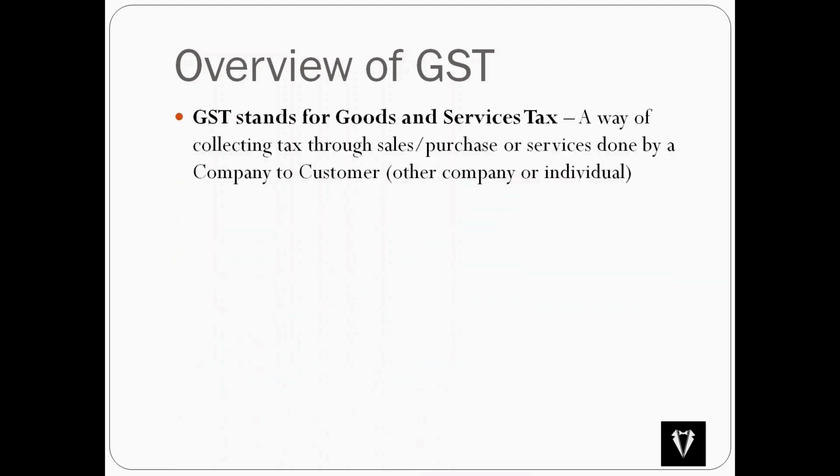Okay, so GST stands for Goods and Service Tax, a way of collecting tax. This is a way the government collects taxes from us when we do any purchase or any service or any sales from company to company or from company to customer. So that is B2B or B2C. Anytime any kind of sale or purchase or service is done, the government collects taxes.